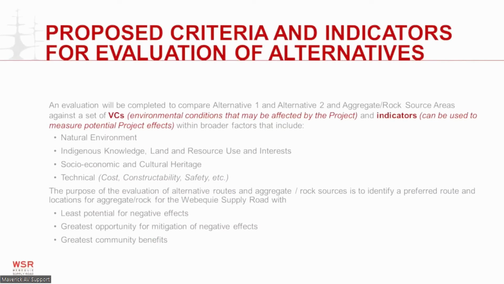Each alternative does get evaluated in detail, and there are many factors involved in that evaluation, such as natural environment, Indigenous knowledge, land and resource use and interest, socioeconomic and cultural heritage, and of course the technical side: cost, constructability, and safety.